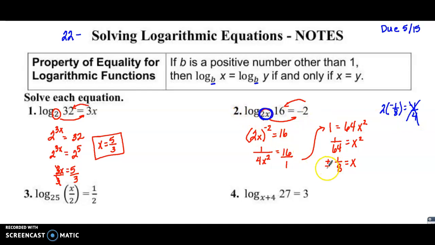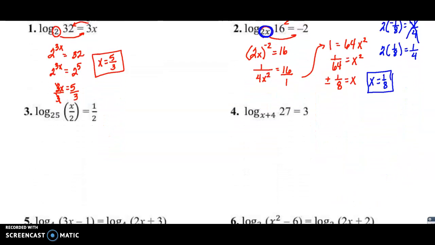So we know the negative 1/8 cannot work. If I do it with the positive 1/8, I get 1/4, and a positive fraction's fine. It just can't be 1 or a negative number or 0. So we have to say that our x value can only equal 1/8 for our final answer.